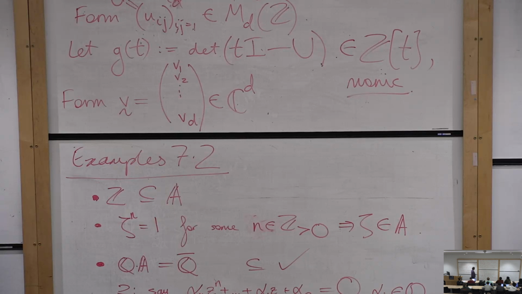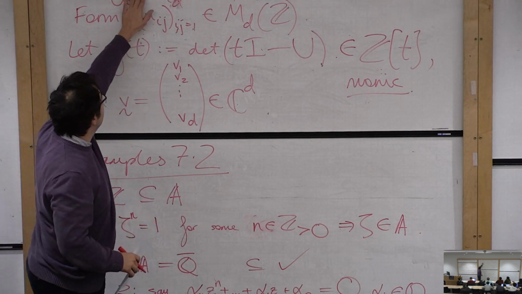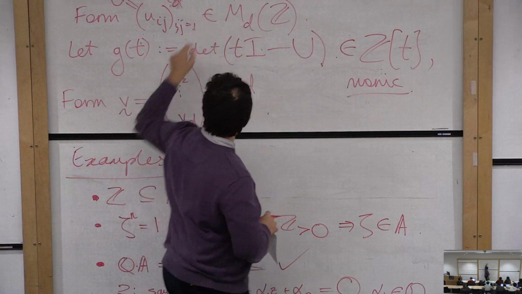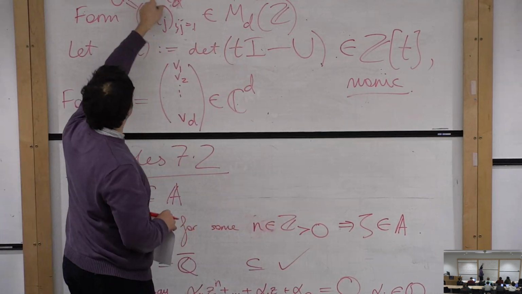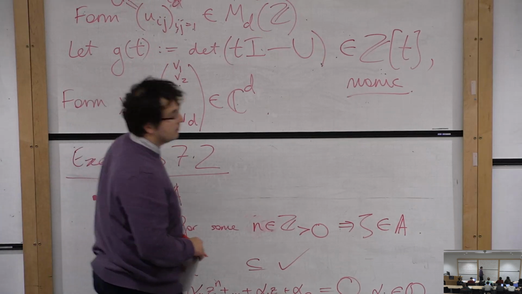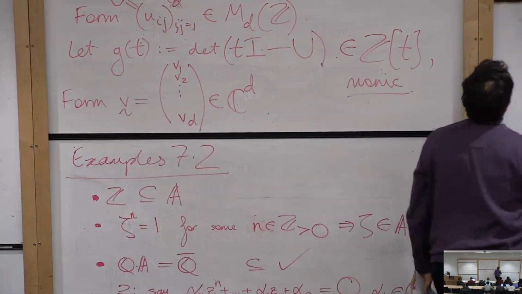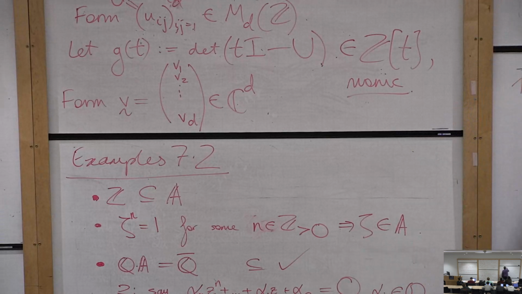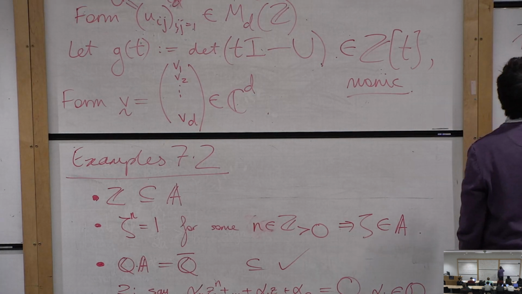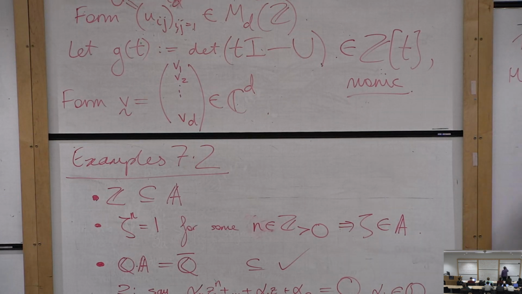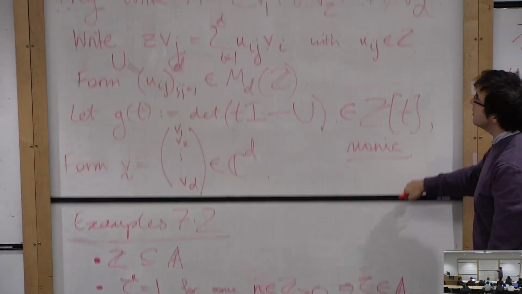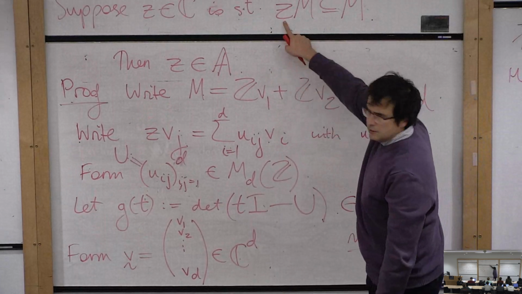whose entries are the b_i's. And then this equation is saying exactly that u times this vector is z times this vector. So hence, v is an eigenvector, and it can't be 0 because when m is 0, then z is 0.